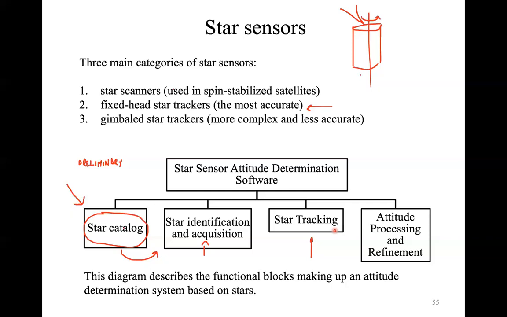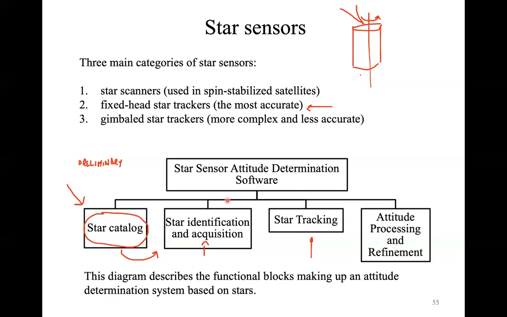One of the questions that I got early this morning was why we need to know the attitude from the gyroscopes in order to, for example, initialize the star sensors.